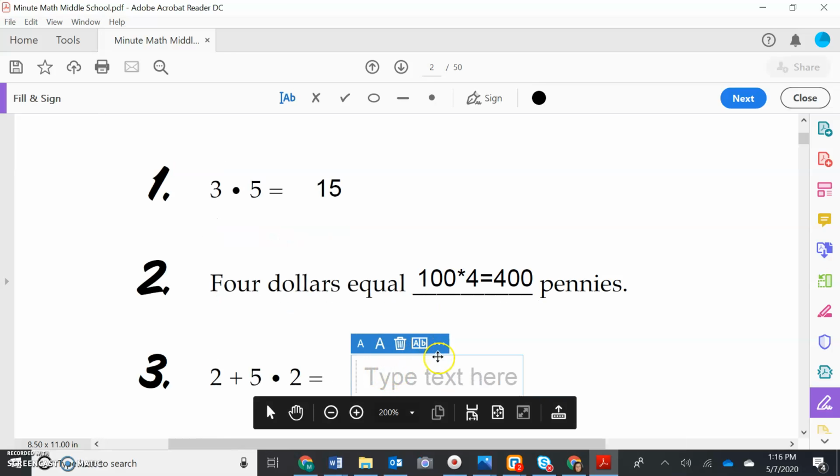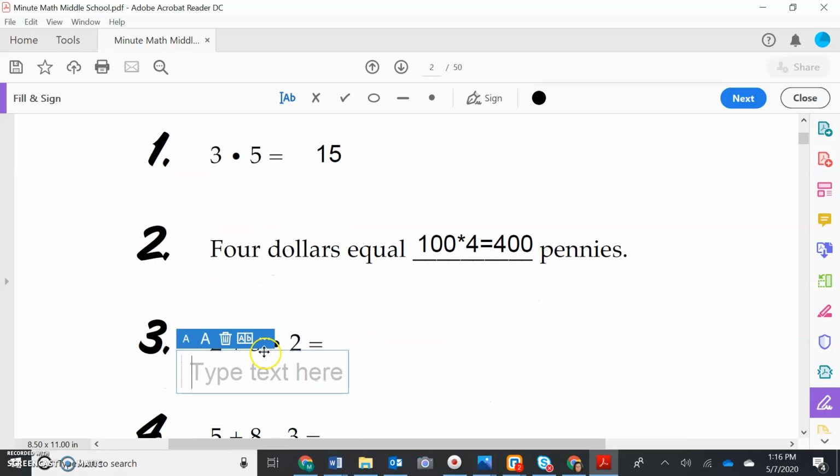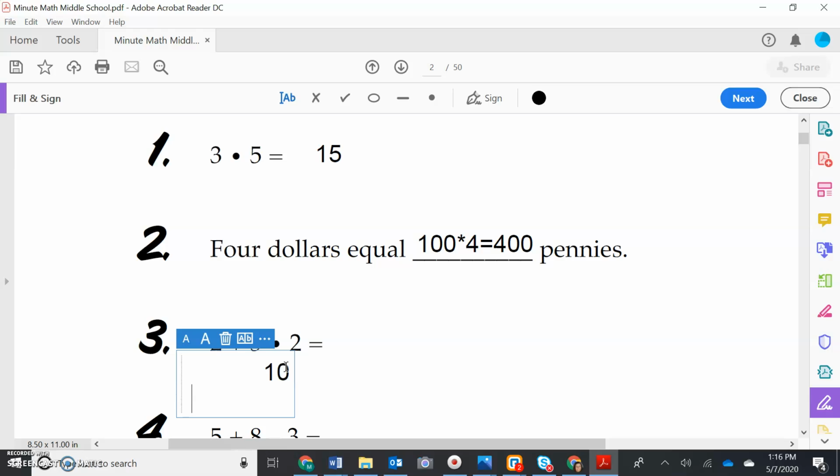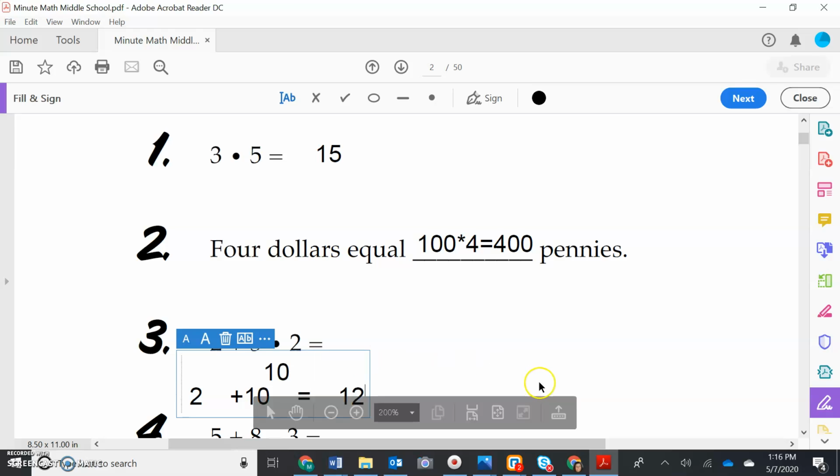You know I'm going to want to show it to you. Here we go. This over here is the 10. Now, we've got the 2, plus we've got the 10. We're going to add the 2 to the 10, and we're going to get our answer 12.